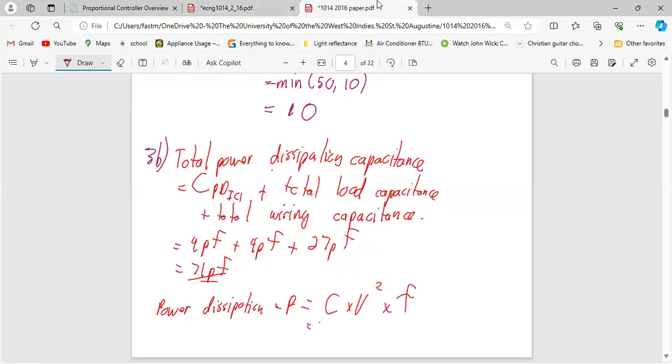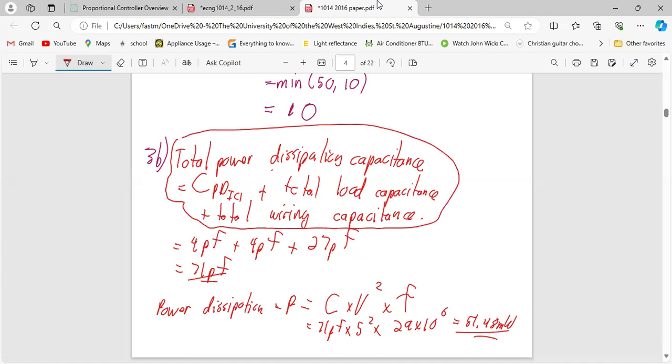So therefore this will be 71 picofarads by 5 squared, by 20 mega, and it just ends up with 51.48 milliwatts. Yeah, and that's the question. Very important equation.